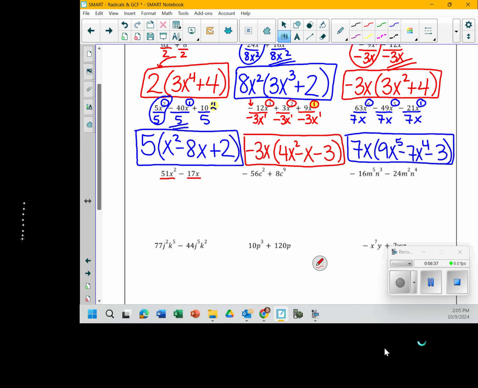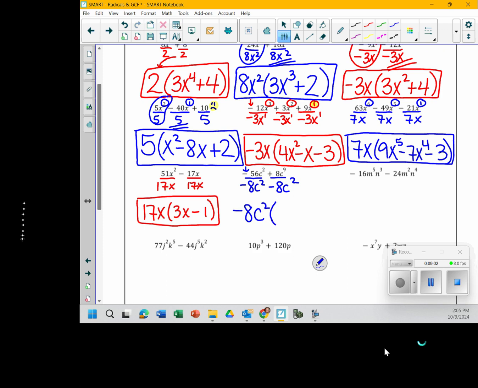The largest thing I can divide by here is 17x. Which leaves me 3x minus 1. The largest thing on the next one is going to be a negative 8c squared. Again, negative because my front term is negative, has nothing to do with the second term.